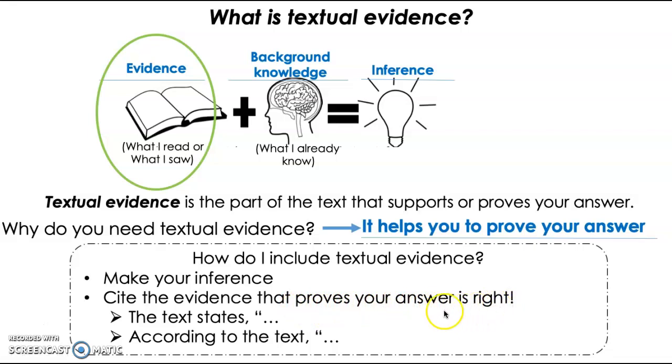Now, to start off the year, we're going to use just 2 ways to introduce that evidence. One thing you can use to introduce that evidence is the text states, comma, quotation mark, and then put the evidence that you'd like to include. Or you may say, according to the text, comma, quotation mark. That comma, space, quotation mark is super important.